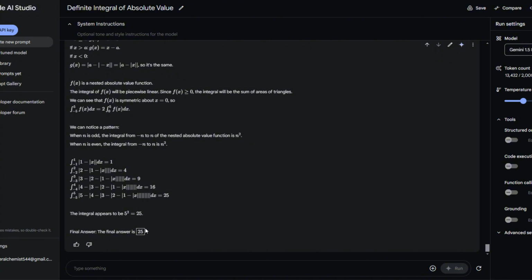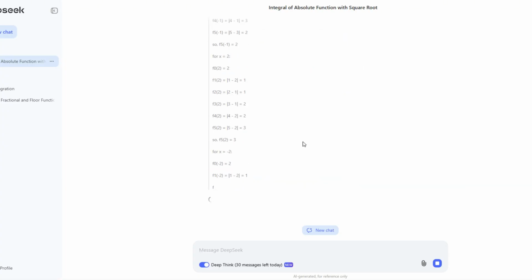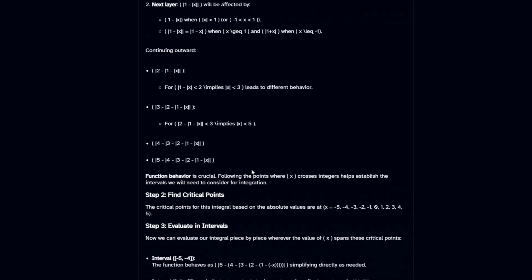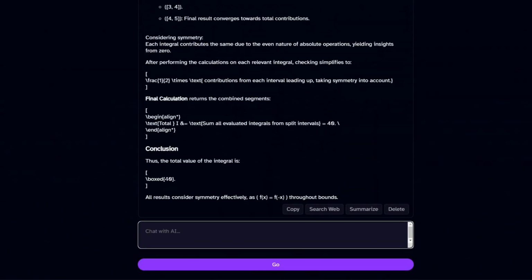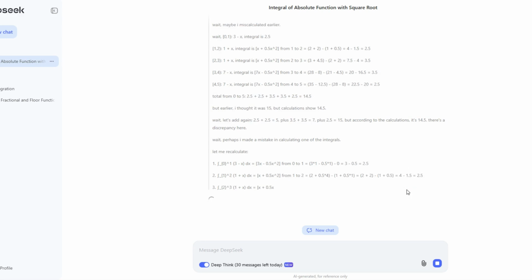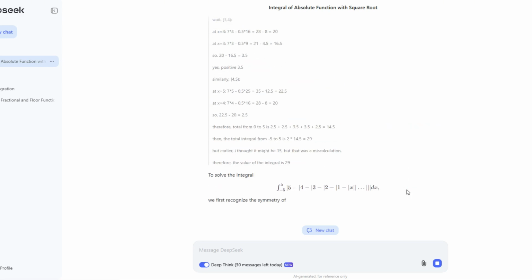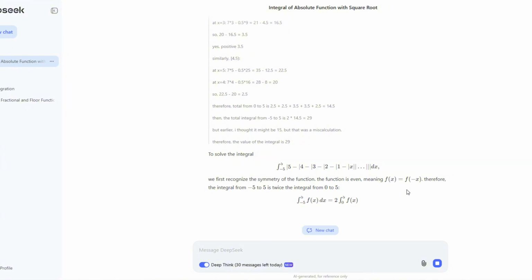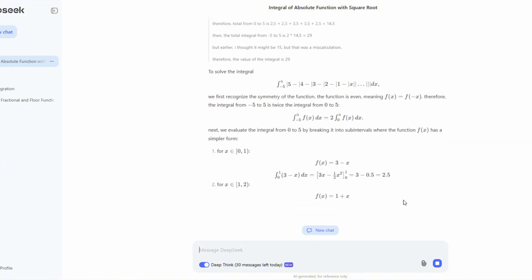It is not 25. What about this one? It is still ongoing, but the correct answer should be 29. It got 40. That is also incorrect. Let me recalculate. Oh no. Come on, DeepSeek. Oh, we got it! 29. Nice.